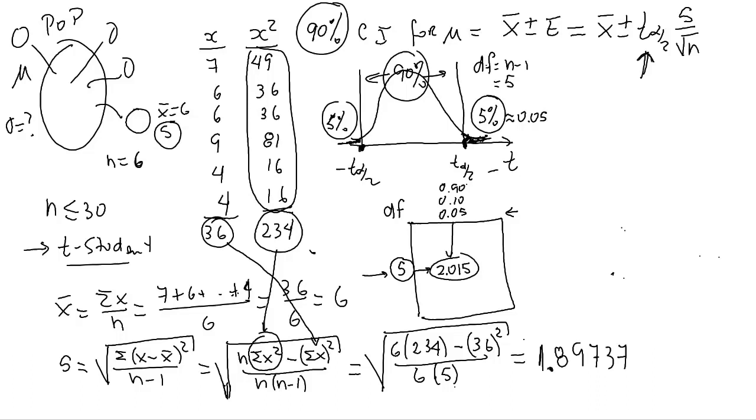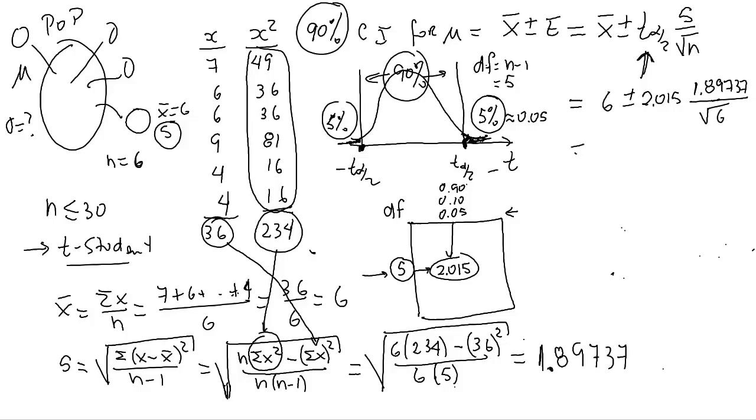Then my confidence interval is given by my sample's mean, which was 6, my critical value, which is 2.015, the standard deviation of my sample, which is 1.89737, and the square root of 6.